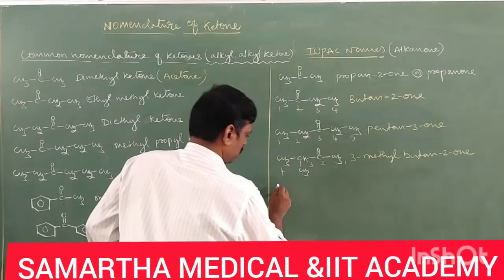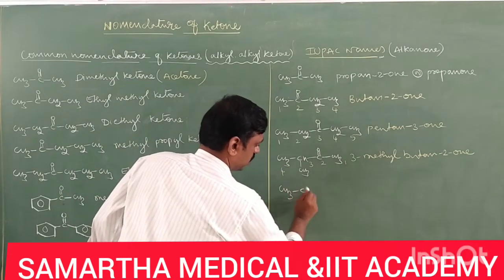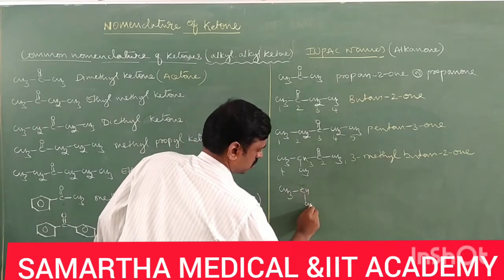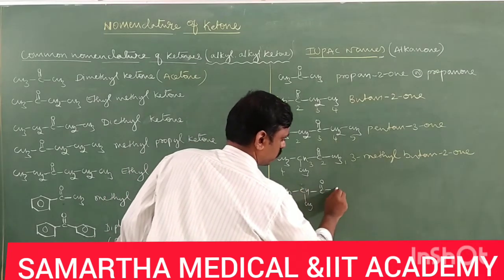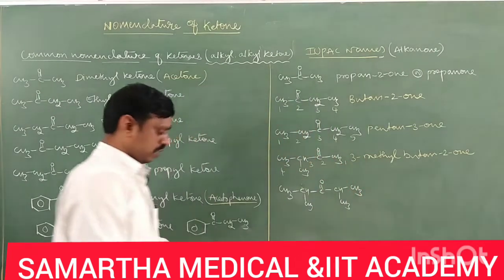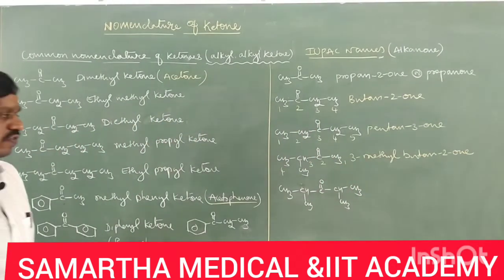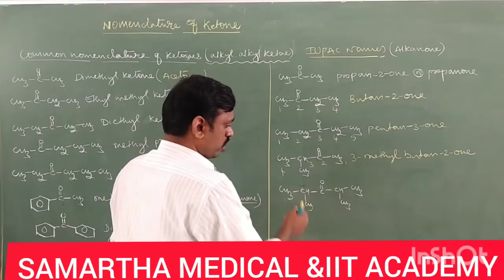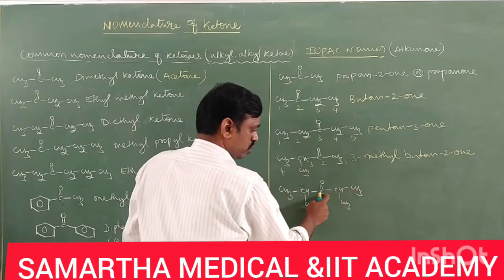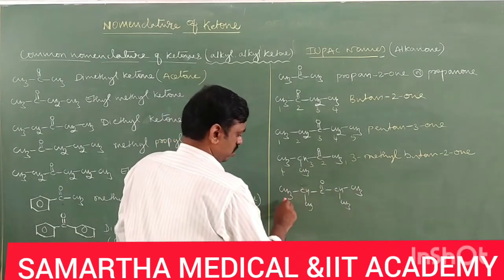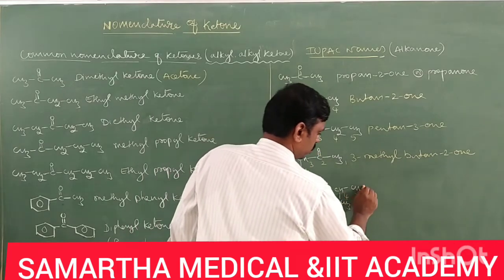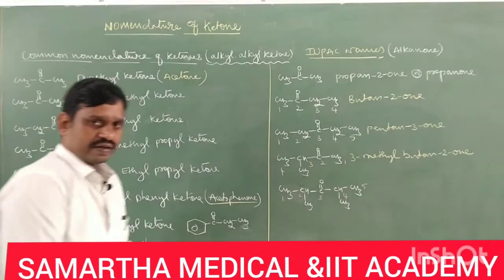Next, one more example, CH3 C double bond O CH CH3 CH3. Come on, write the IUPAC name of this ketone. Here also giving numbering 1 2 3, 1 2 3, from both sides the keto group gets 2 or 3 only, therefore you can give the numbering from either side.